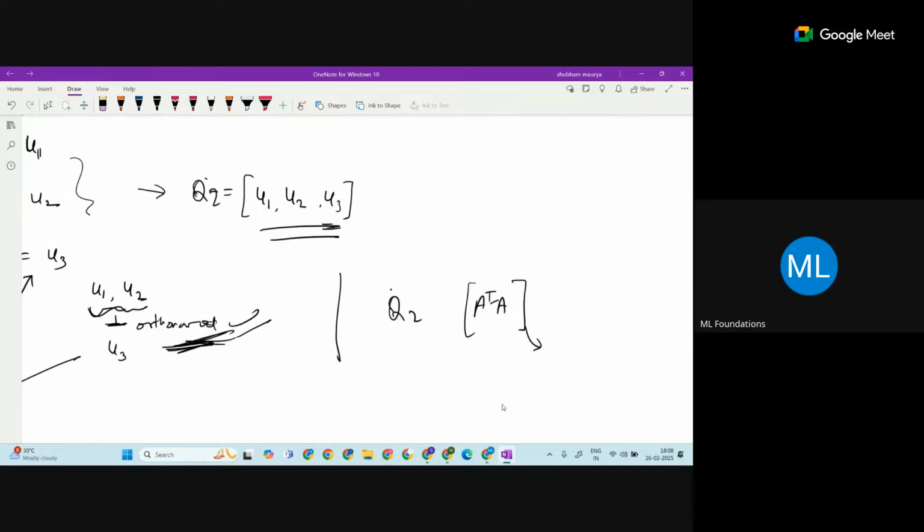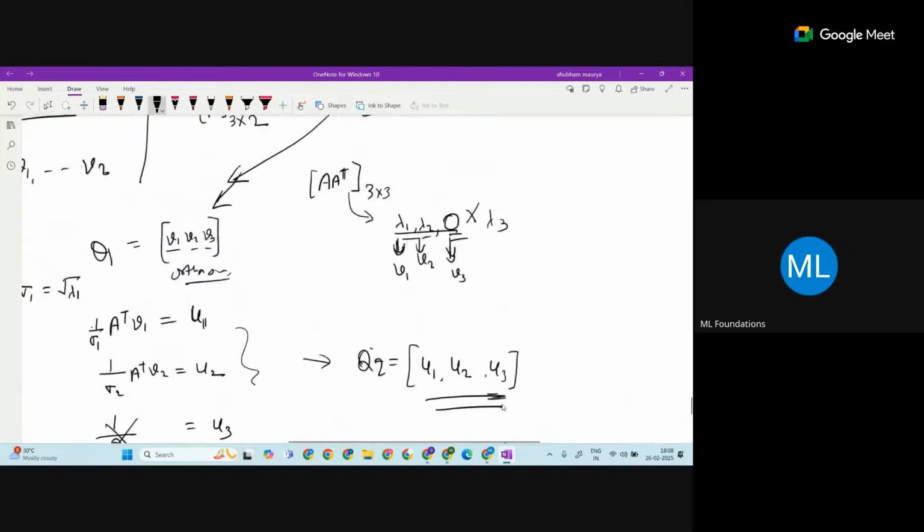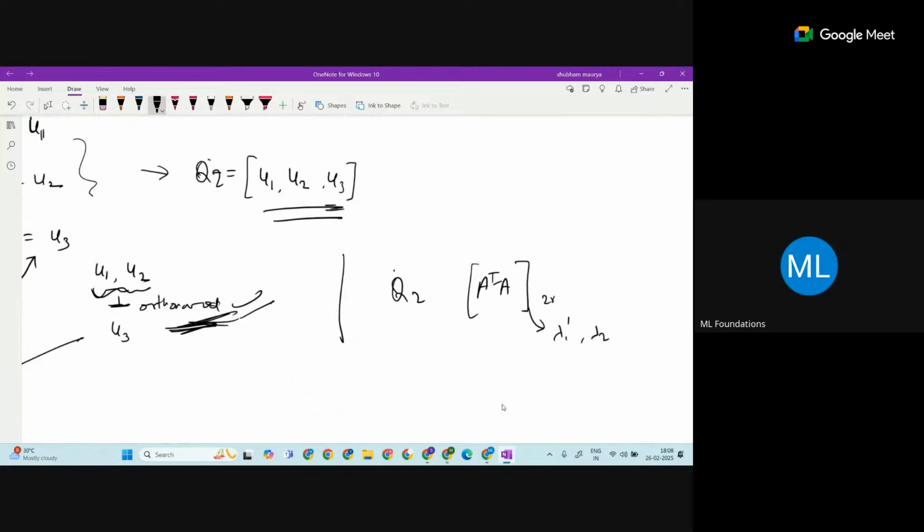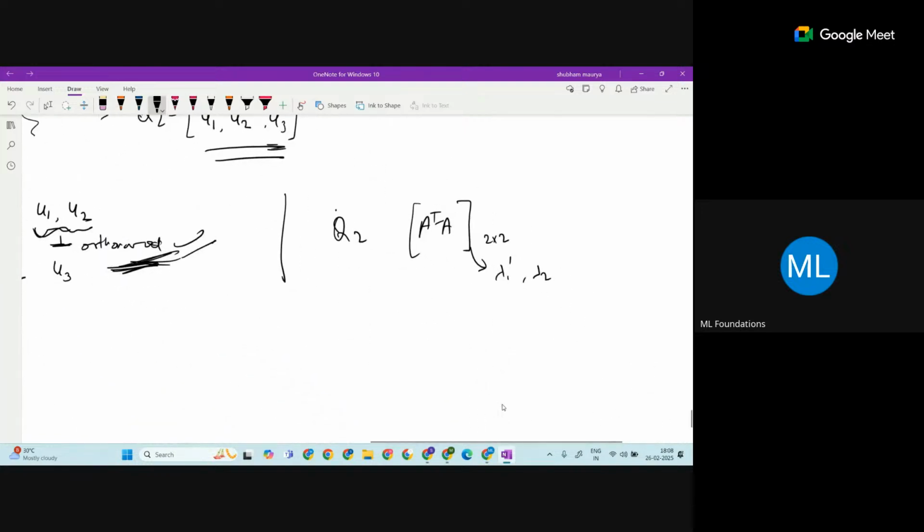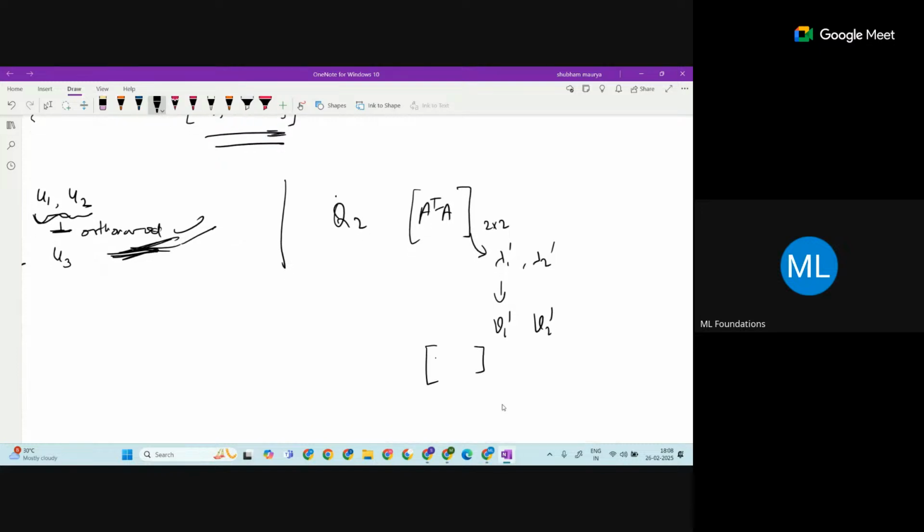Let's say we get lambda 1 prime, lambda 2 prime. If we are assuming 3 cross 2, this is going to be 2 cross 2. Find the eigenvalues, then the eigenvectors, V1 prime and V2 prime, and Q2 is going to be V1 prime, V2 prime. By this method you can follow. Anyhow, normalize both.